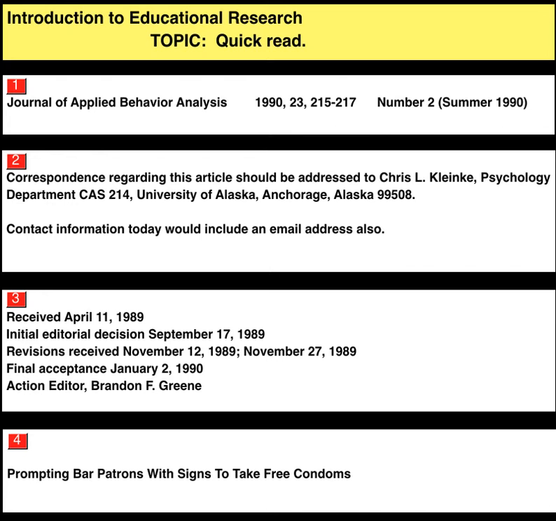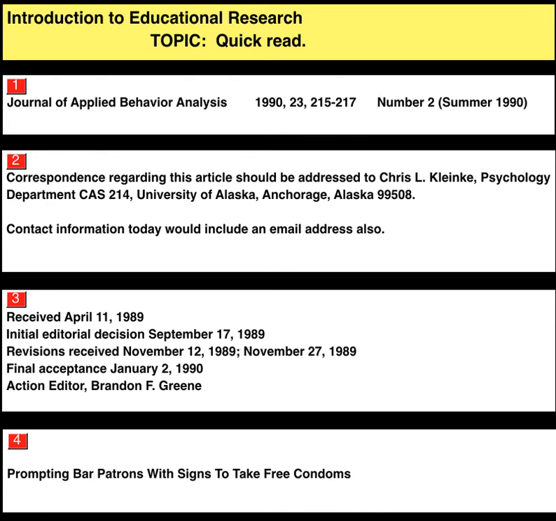It was published in the summer of 1990 and appears in volume 23 on pages 215 to 217. And on your screen, that's the red box number 1. That's the citation. This information may seem trite at the moment, but as you'll see later on, it has some significance.